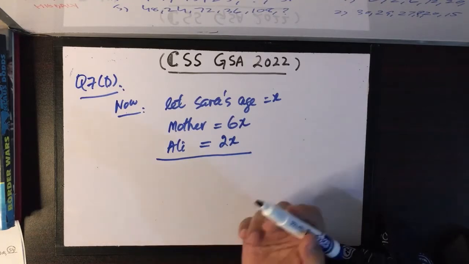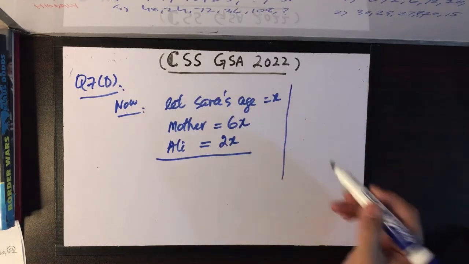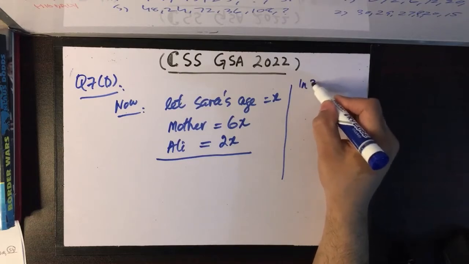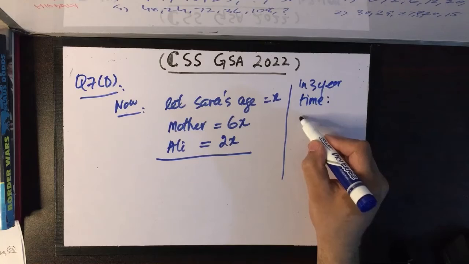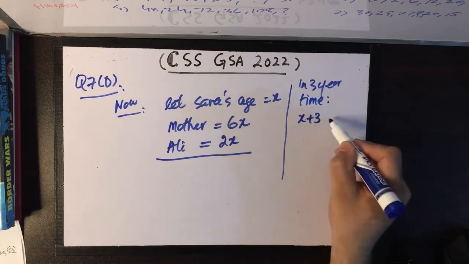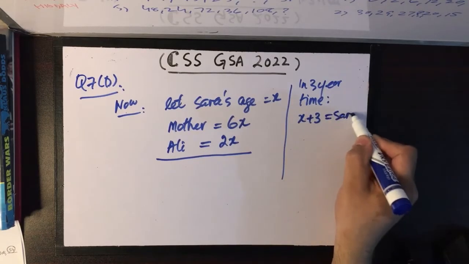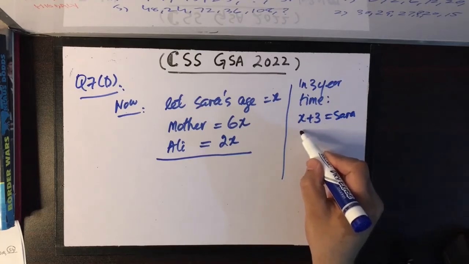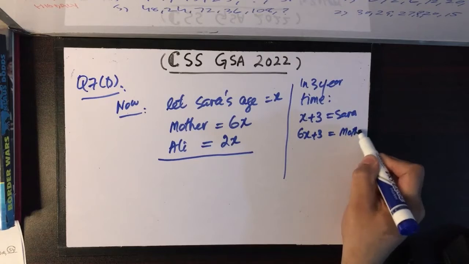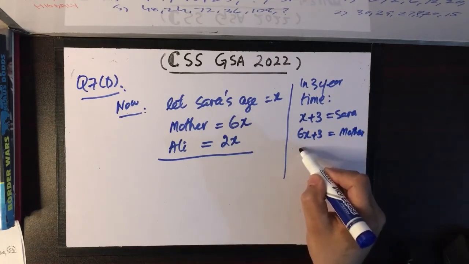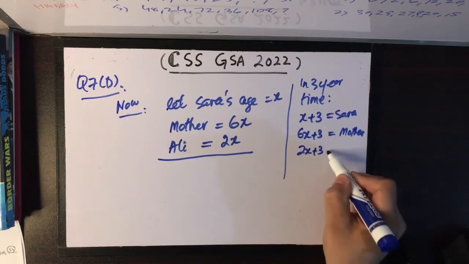It also says in 3 years' time. In 3 years' time means X plus 3, which is Sarah's age. Her mother's age is 6X plus 3. Similarly, Ali's age is 2X plus 3.